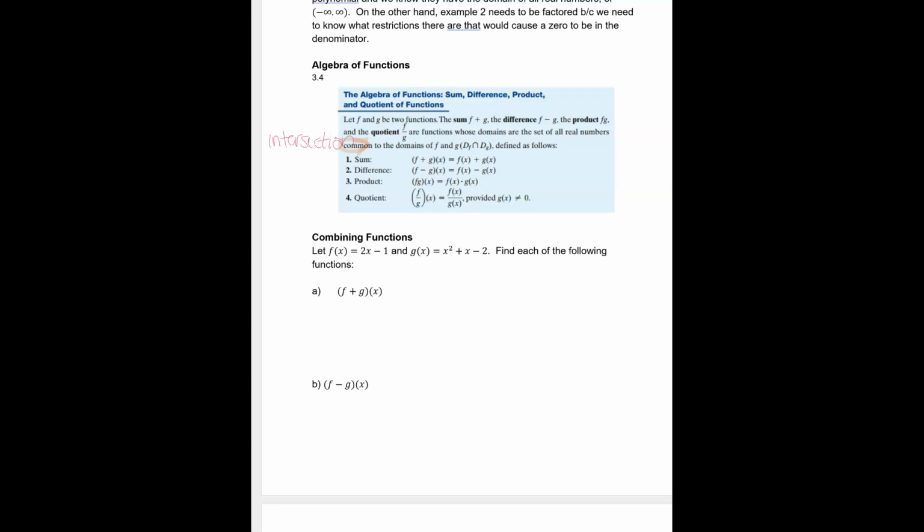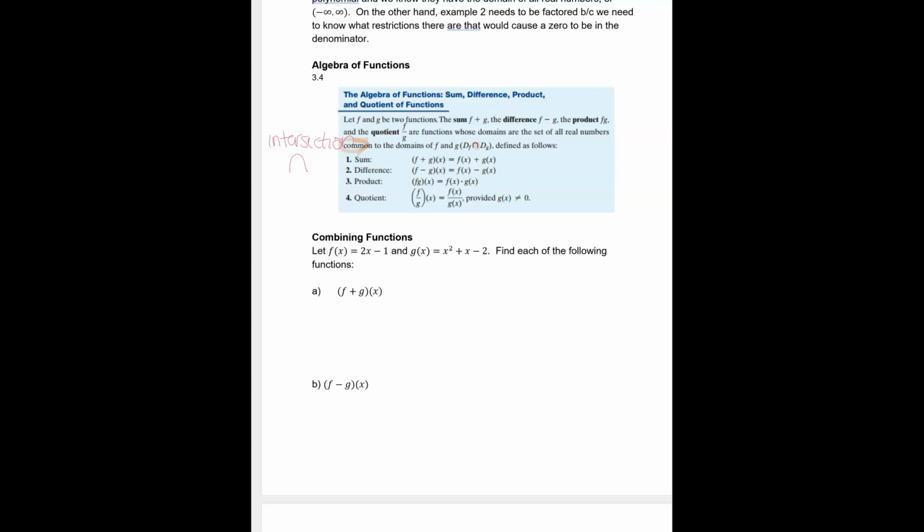So common and intersection. And there's a symbol for intersection, like the upside down U. The horseshoe U is union, the upside down U is intersection. This is the symbol for intersection, as you will see right here.